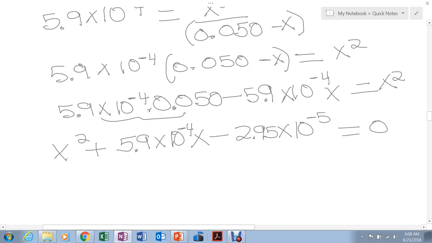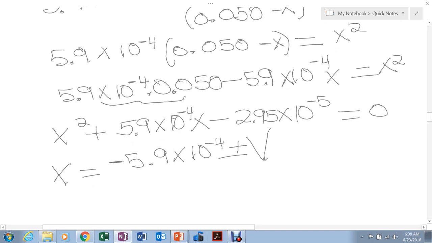So let's do the quadratic equation, and it's going to be minus b, which is 5.9 by 10 to the negative 4, plus minus. You know already you can't use the negative, but let's put it the correct way. And at the end, the square root of b squared, 5.9 by 10 to the negative 4 squared, minus 4ac.